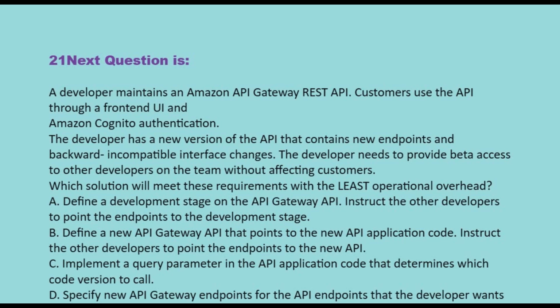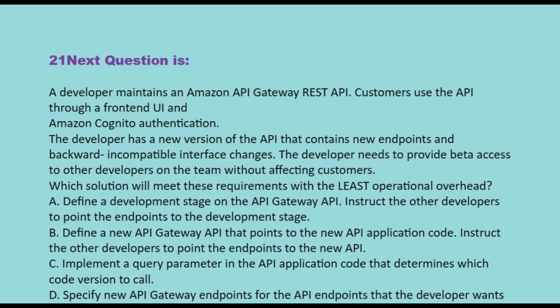Option A, define a development stage on the API Gateway API. Instruct the other developers to point the endpoints to the development stage. Option B, define a new API Gateway API that points to the new API application code. Instruct the other developers to point the endpoints to the new API.